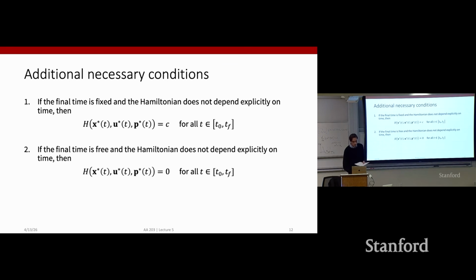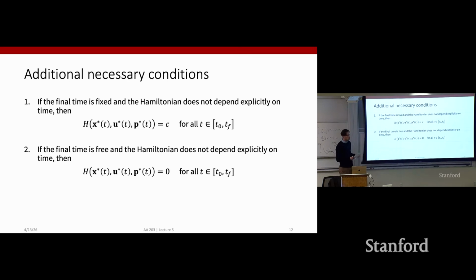Specifically, if the final time is fixed and the Hamiltonian does not depend explicitly on time, then the optimality condition is that the Hamiltonian has to be constant for all times between t0 and tf. On the other hand, if the final time is free and the Hamiltonian does not depend explicitly on time, then the Hamiltonian has to be equal to 0 for all times between t0 and tf.